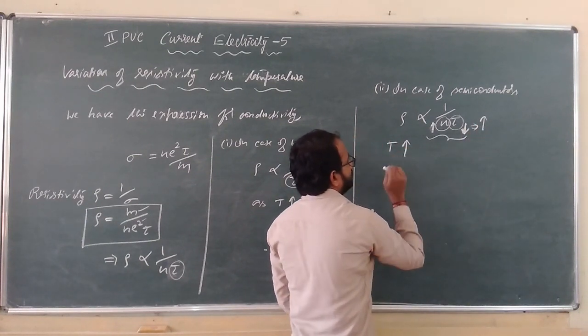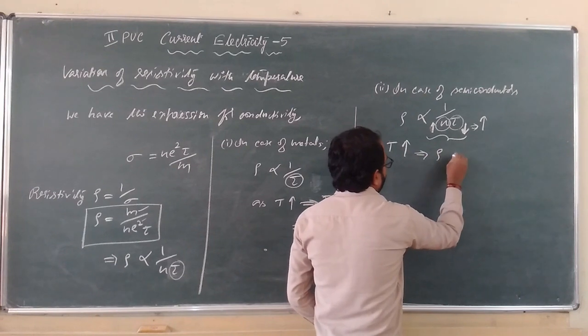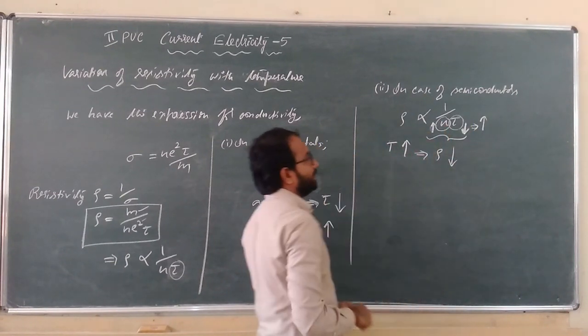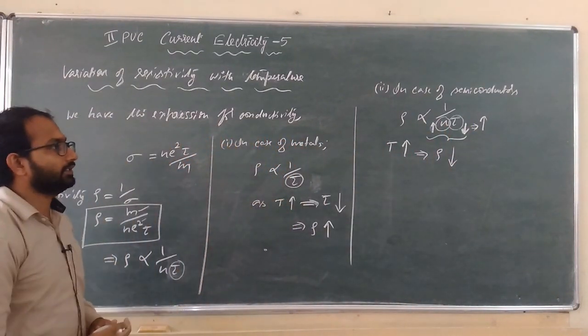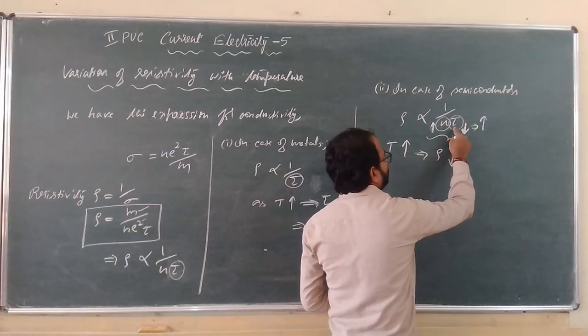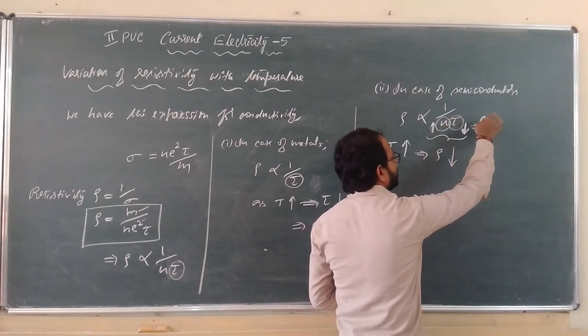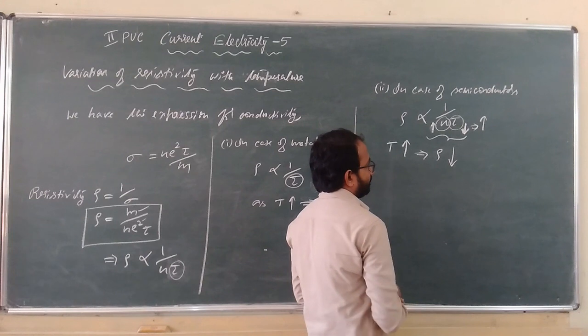So due to the increase in temperature, the resistivity of semiconductors decreases, since the product of n and tau is increasing.